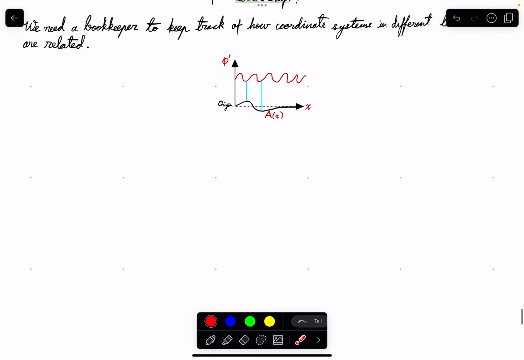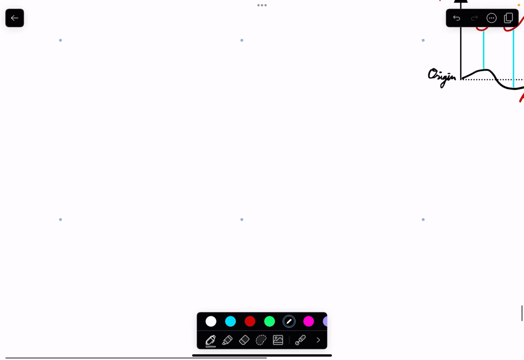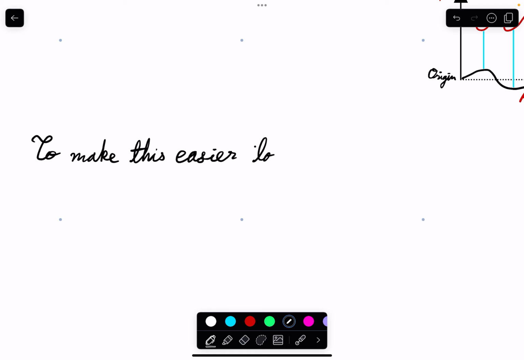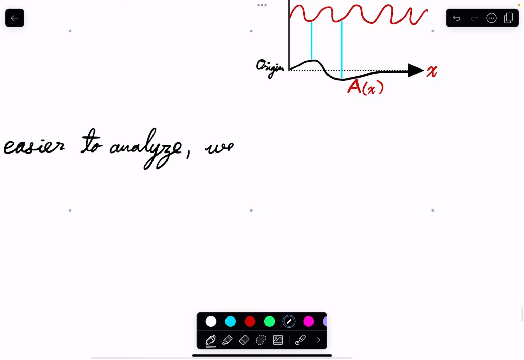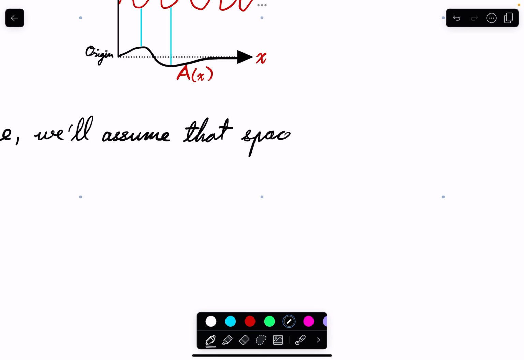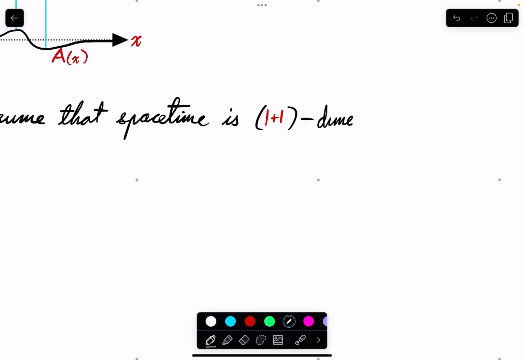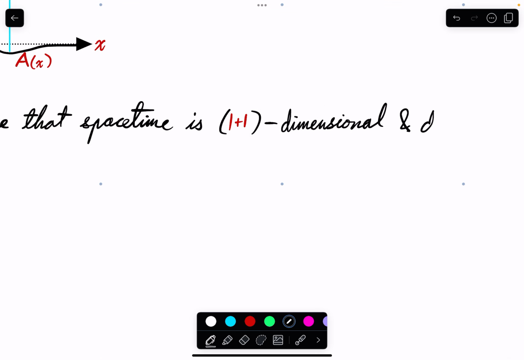So to make this situation easier to analyze, we will assume that spacetime is 1 plus 1 dimensional and discrete.